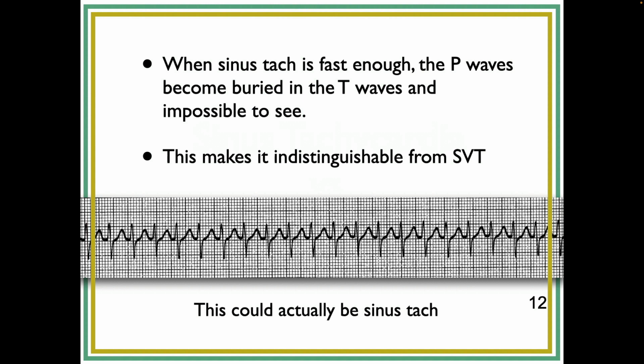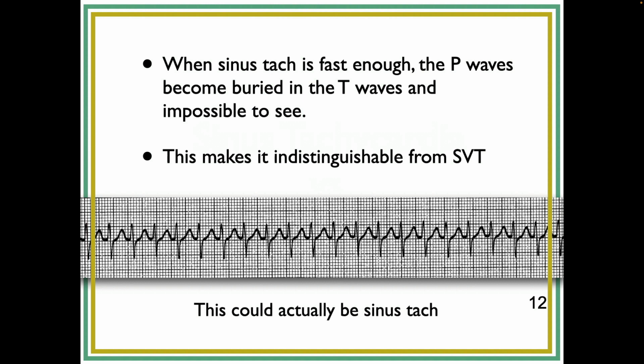If you cardiovert SVT, it's very likely to bring back a sinus rhythm because it breaks the re-entry circuit. But if you cardiovert sinus tach, it's very likely to bring back a sinus rhythm, which is what you had to begin with, but you're still in sinus tach. And you've caused your patient a lot of pain for no good reason.